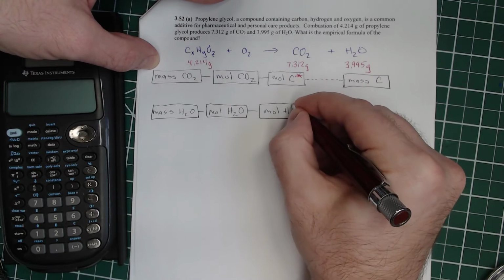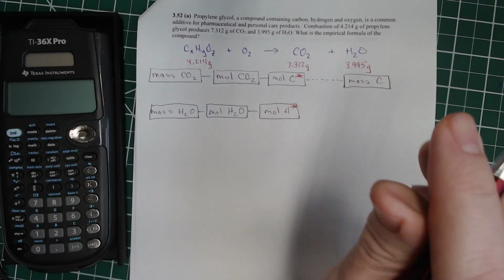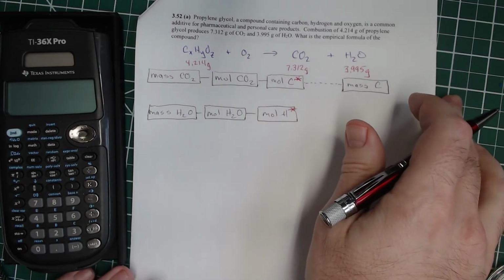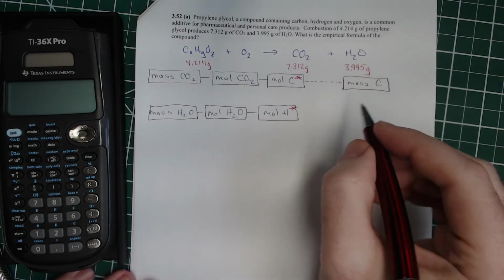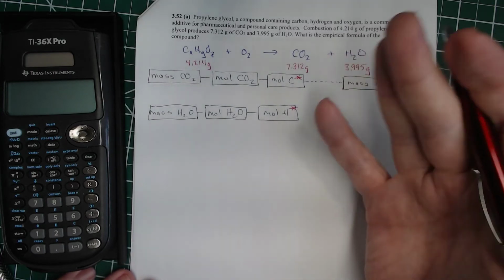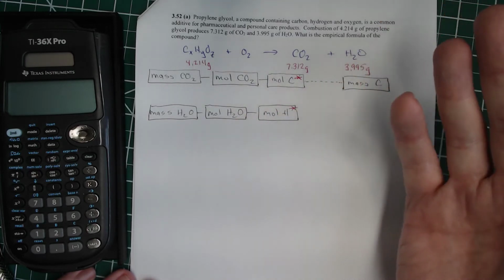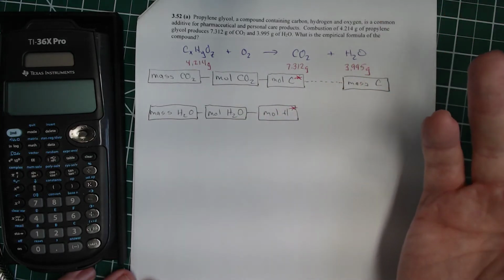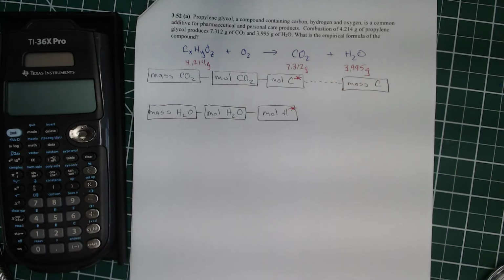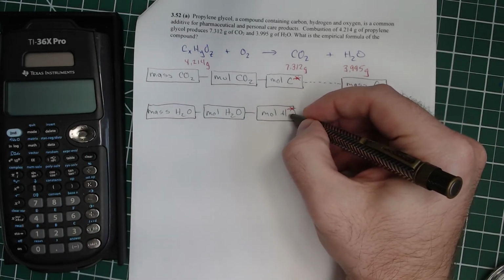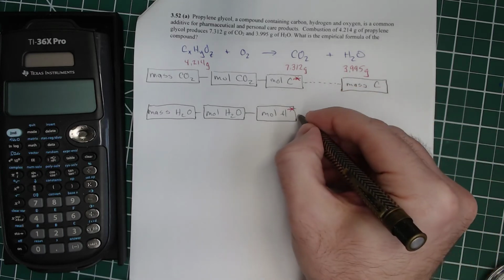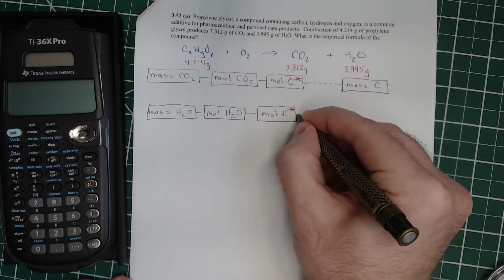You'll remember when we were doing the percent composition type problem, we had to get the moles of each element, and then once we got the moles of each element, we divide by the smallest. Well, we're going to do the same thing here, and so after this part of the calculation, we will now have the moles of hydrogen. So I have moles of carbon and moles of hydrogen.